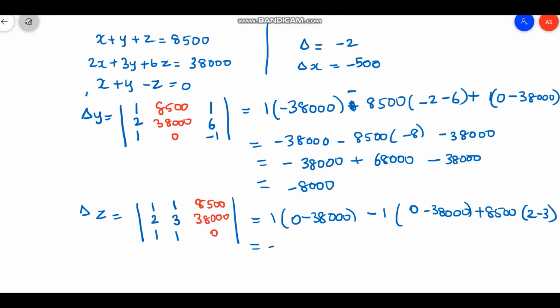So which is minus 38,000 plus 38,000, and this is 8,500 into minus 1, which is minus 8,500. So these two will cancel. I'll get minus 8,500.